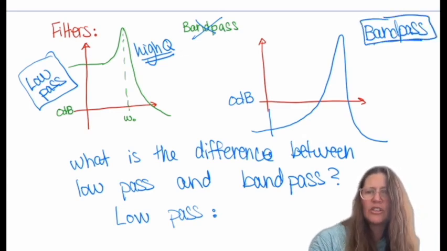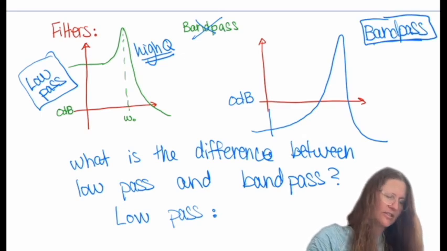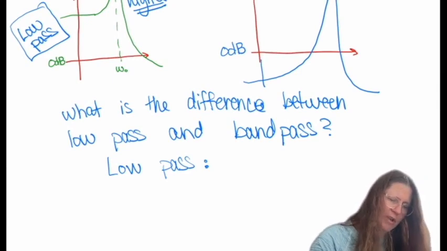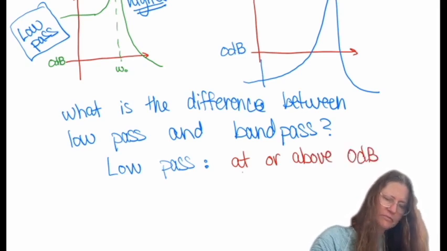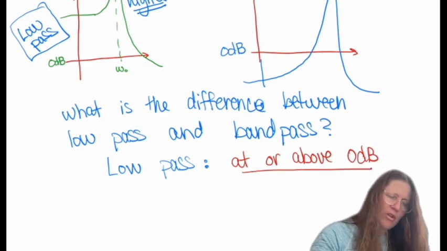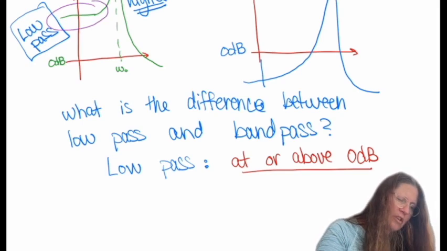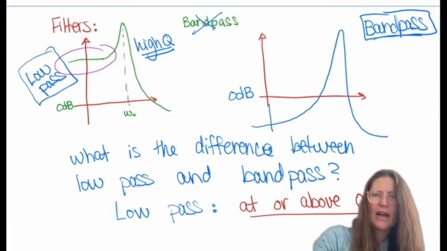The way you can tell the difference between a bandpass and low pass is that a low pass will have a value at or above 0 dB, and so this portion of it is what is signifying that this is a low pass.